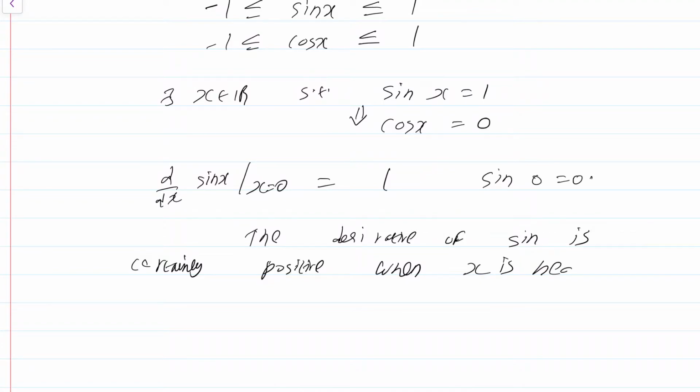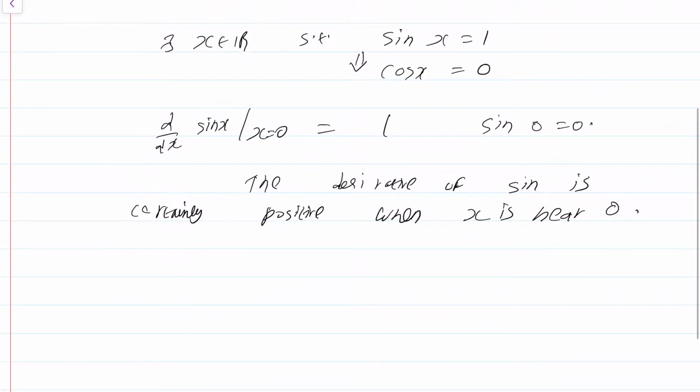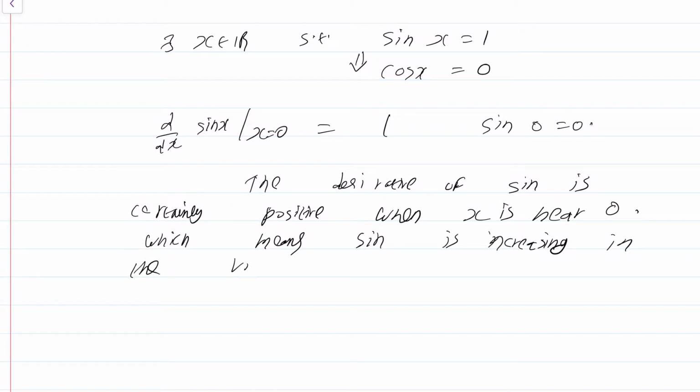Because the derivative at 0 is 1 and the derivative is cos x, which is a continuous function, the derivative is positive when x is near 0, which means sine is increasing in the vicinity of 0. So sine is going to be an increasing function near 0.